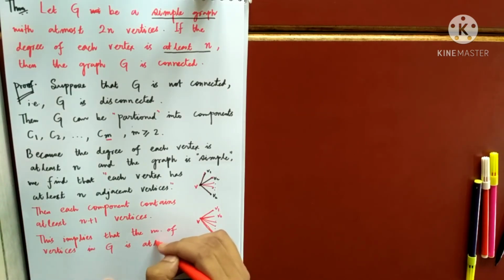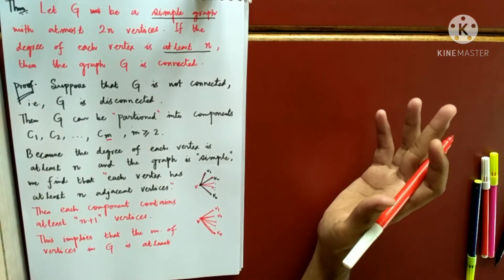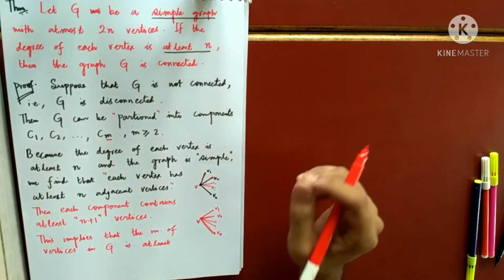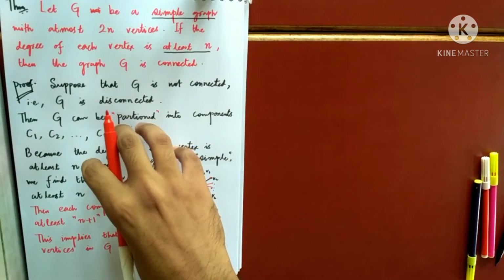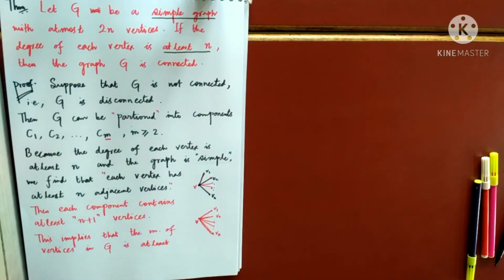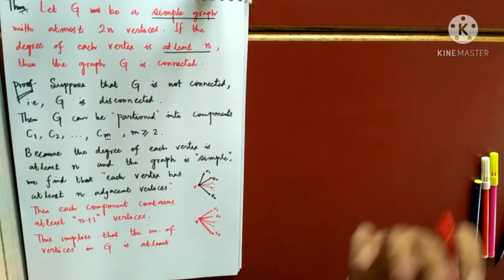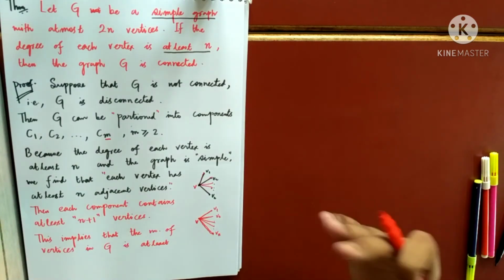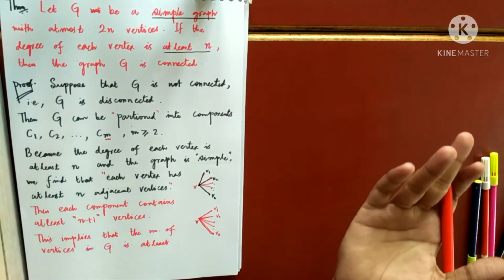is at least, so try to understand my point. Every component has got n plus 1 vertices, and how many components are there? M components. And I know that components are different, right? That means their intersection, I should not use the word intersection because I have not defined it. Anyways, I can just make you understand that they are different. So when a vertex lies in this component, it cannot lie in any other component. That comes directly from the definition of a component, because they are equivalence classes, and equivalence classes are either disjoint or completely identical, right?